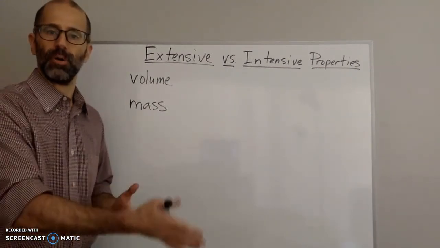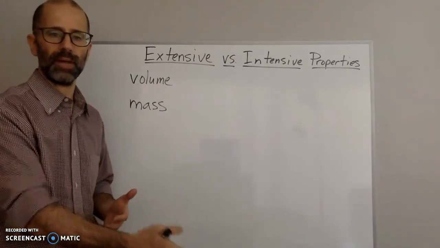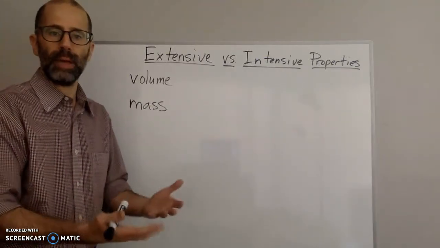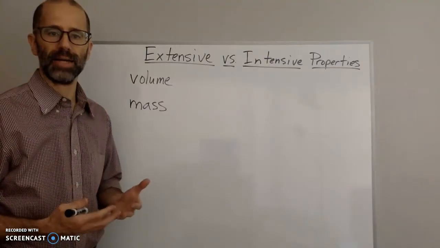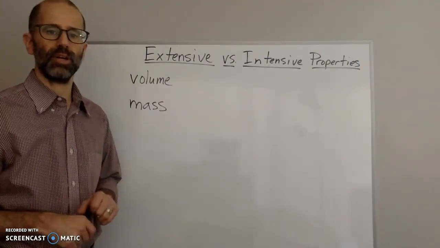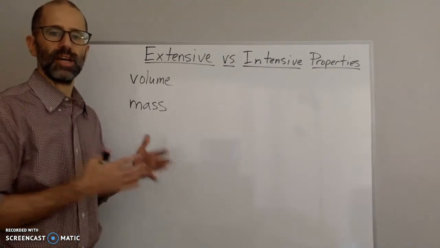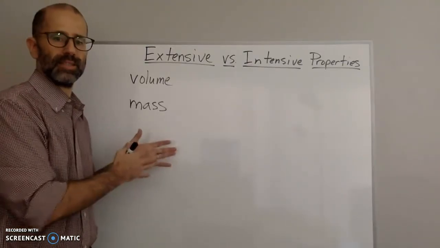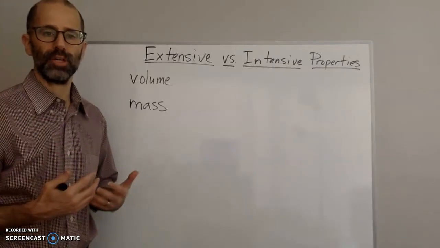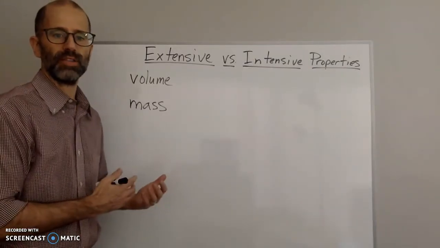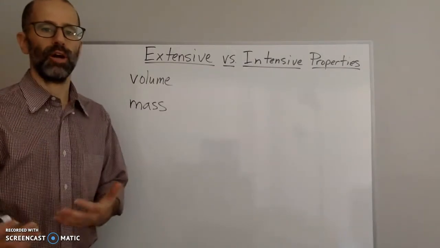If I put more of the substance on the balance, then I get more mass. The balance will read a higher mass. So that's another example where the mass is going to be an extensive property, where the more of the substance I have, the more of the property I have.